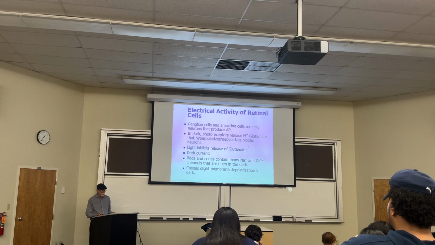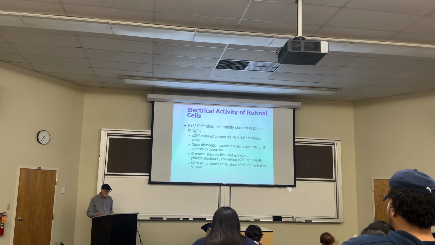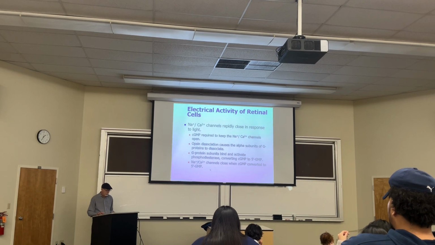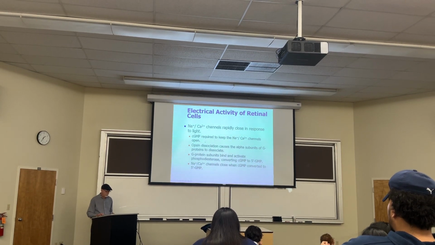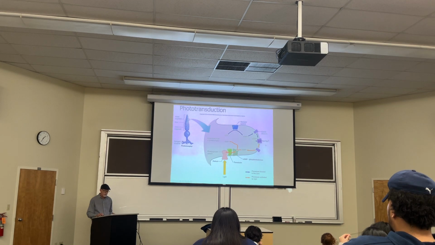Light inhibits the release of glutamate, so it decreases glutamate release. In the dark, the rods and cones have many sodium and calcium channels, and they're open, and that causes a depolarization. Now, this part here, we're going to look at it on a diagram, but it's all listed out here. So I'm not really skipping this page, but I want to show it. It's easier to understand if we jump to the diagram.